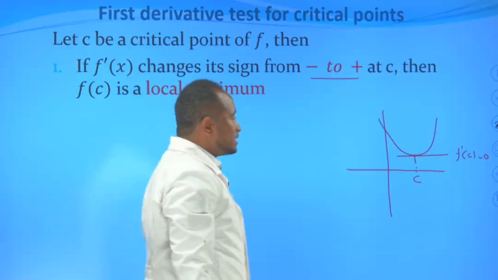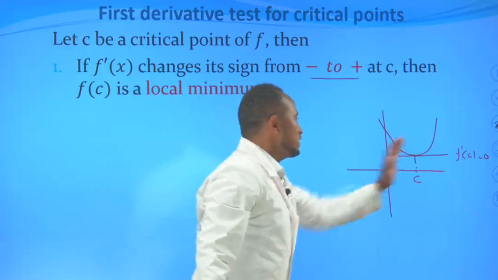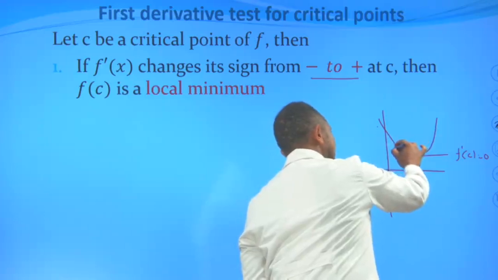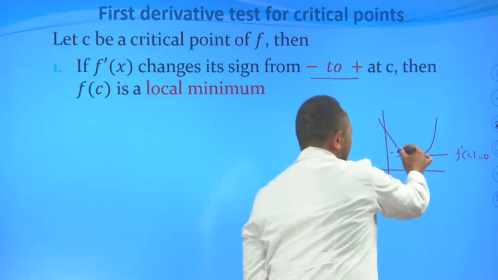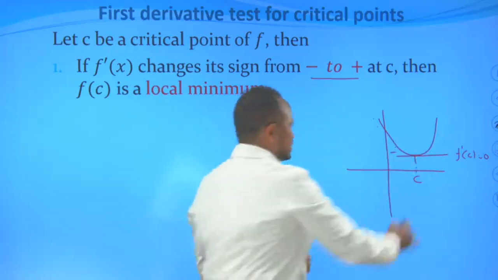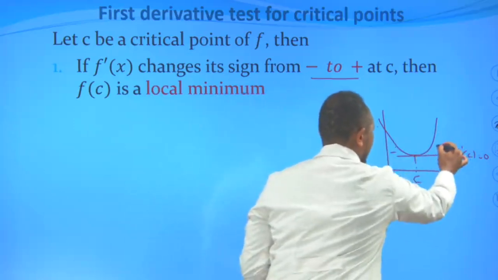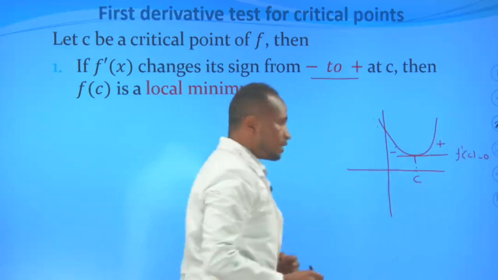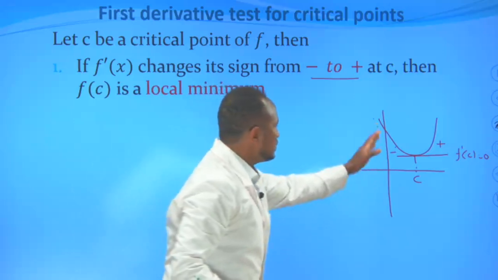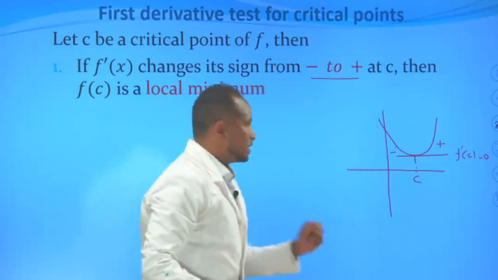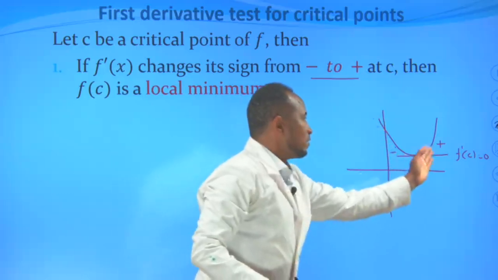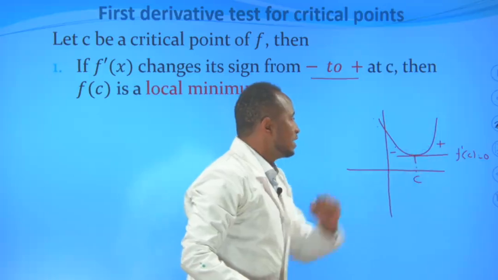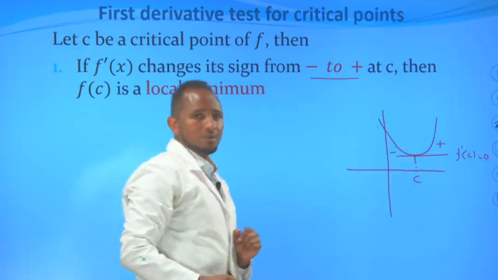And the derivative of this function is changing: for this part the function is decreasing, or the slope of the tangent line for this part is negative, and for this part the function is increasing, or if you take a tangent line for this one it is positive. If the derivative of the function changes from negative to positive at the critical point, then we call this point a local minimum point.